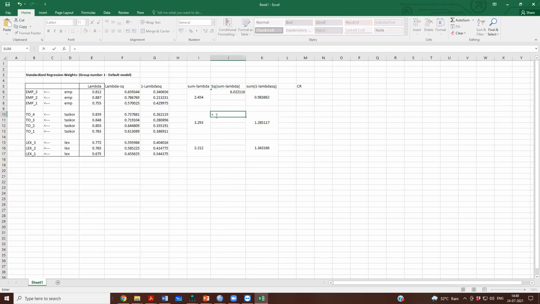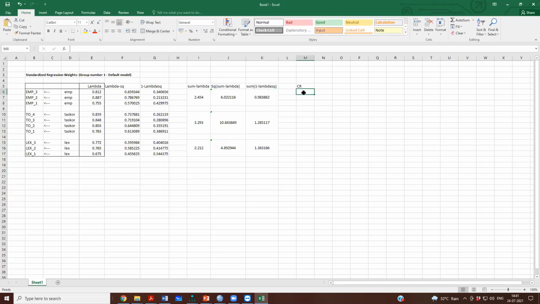Similarly, for this, it is going to be the square of this number, and this is going to be the square of this that we have. Right, so we'll again center it. So we have now got the square of sum of lambdas and the sum of 1 minus lambda square.